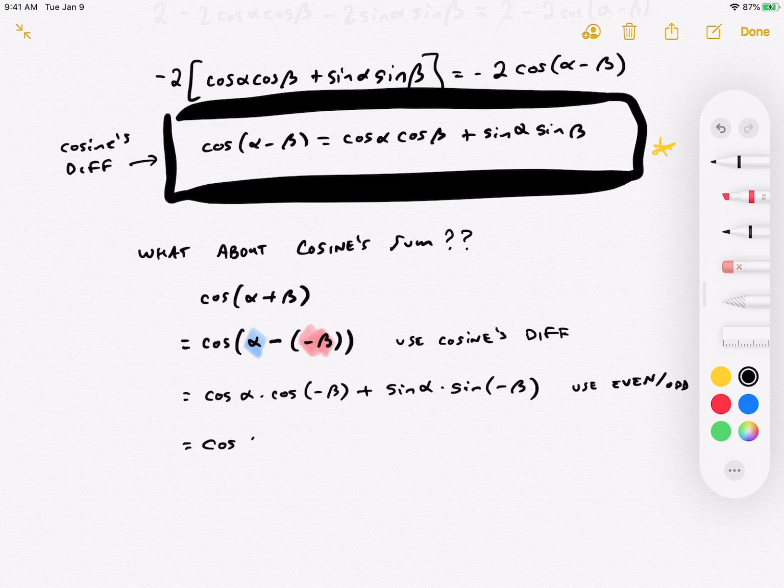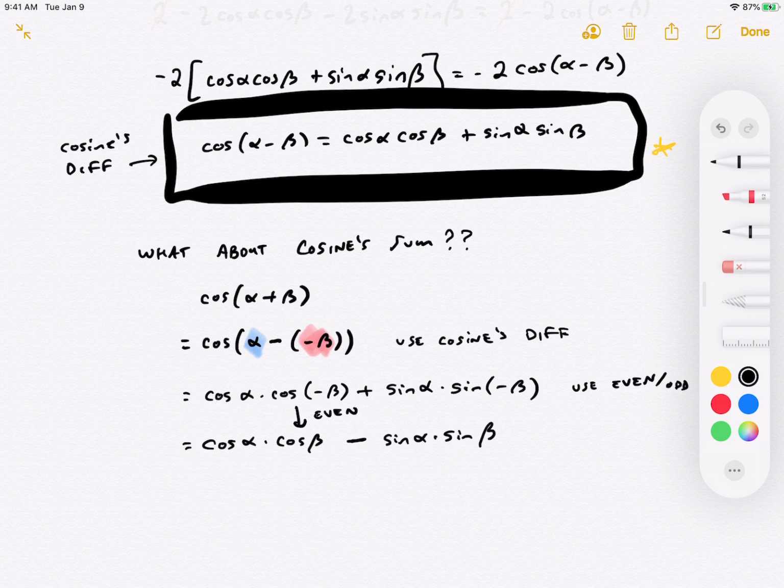So cosine of alpha times cosine of beta, I remember that cosine's even, plus sine of alpha times sine of minus beta. Sine is going to be odd, so I'll factor out that minus sign and write it as a positive beta.